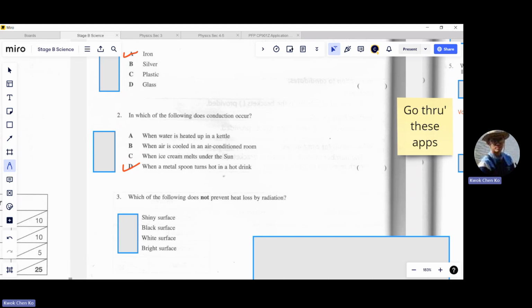Just now you said it may not have a medium. I said it doesn't need a medium, but it can pass through a particular medium. What is that? Radiation can pass through what?